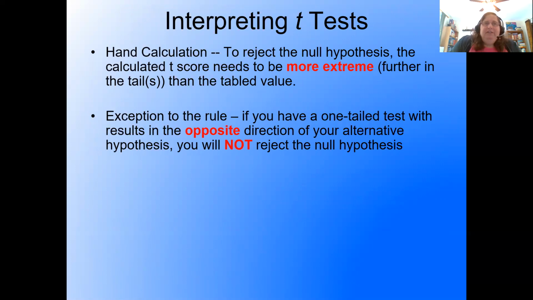So let's review. To reject the null hypothesis, we want our calculated t-score, that t-value we get, to be more extreme, to be further in the tail than the table's value, which means more positive or more negative than the table's value. But the exception to the rule is if you have a one-tailed test with results in the opposite direction of your alternative hypothesis, you will not reject the null.